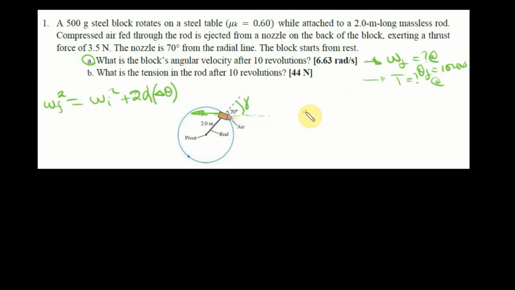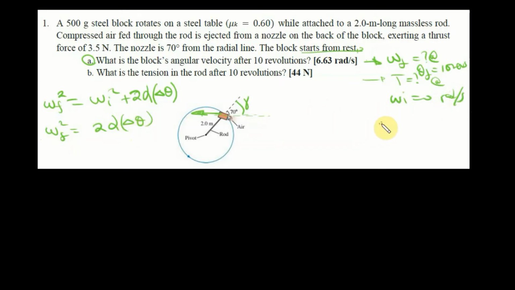In this case, it begins from rest, therefore omega initial is 0 rad/s. This reduces to just 2 alpha change in theta.